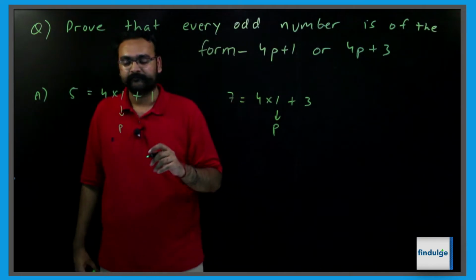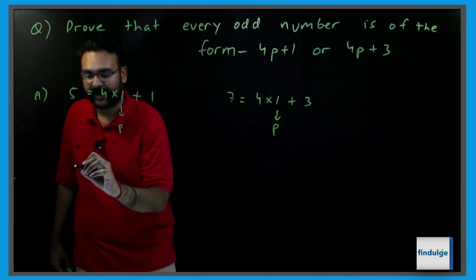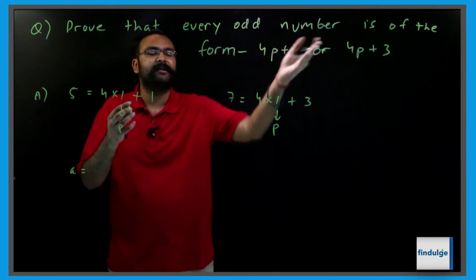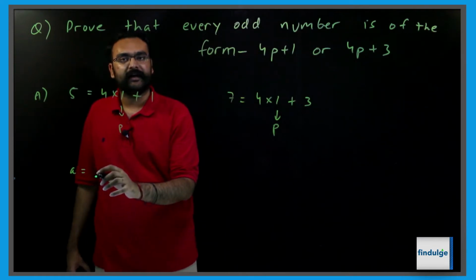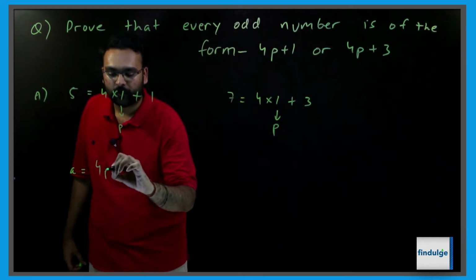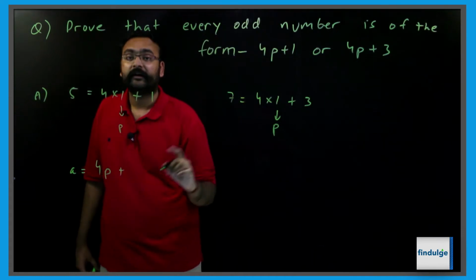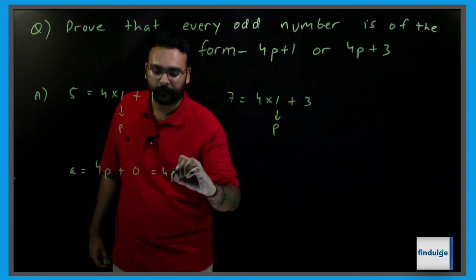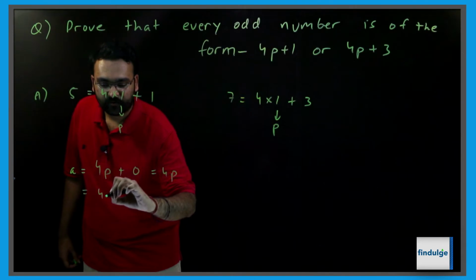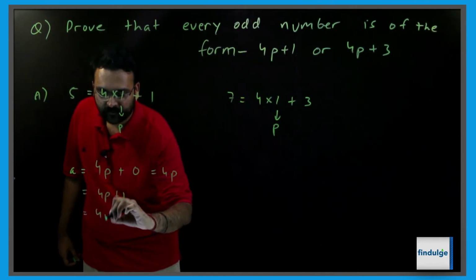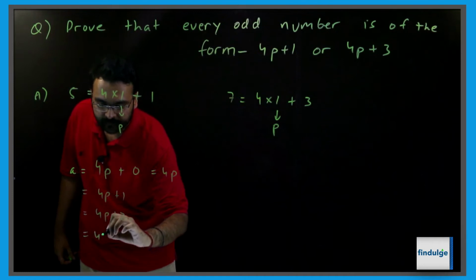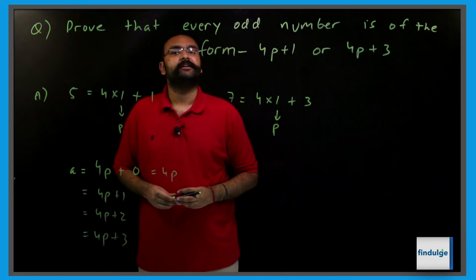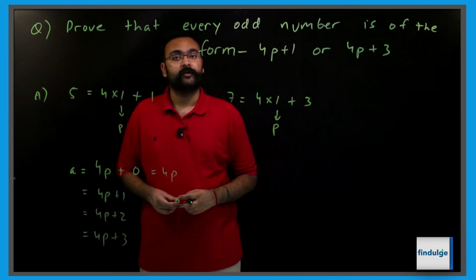So I will say any integer a, or every odd number, when we say odd number in this case we mean integer, any integer a will be of the form 4p plus, now we know r, so either 4p plus 0, which is nothing but 4p, or 4p plus 1, 4p plus 2, 4p plus 3. These are what all my integers a can be defined as if b is 4.